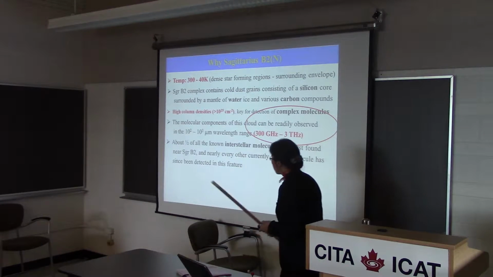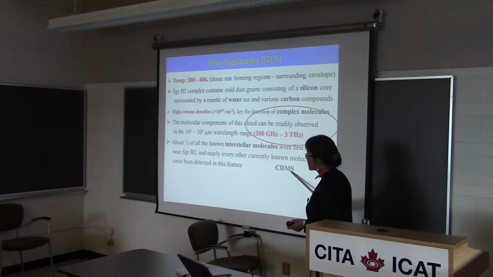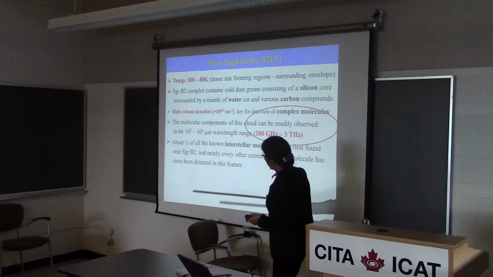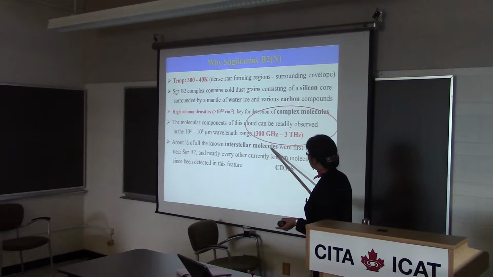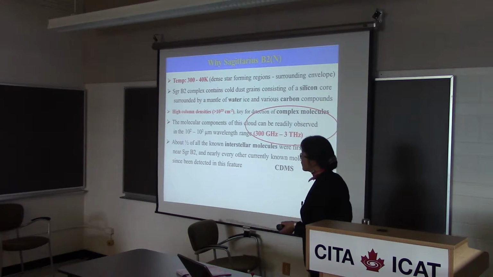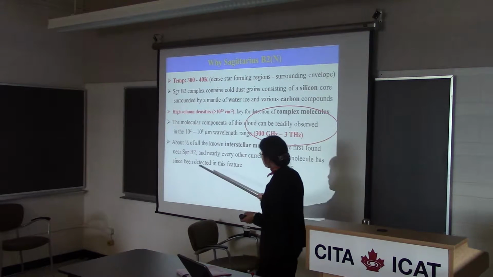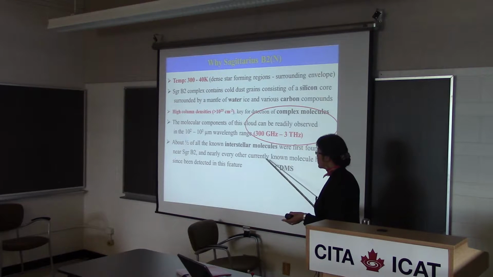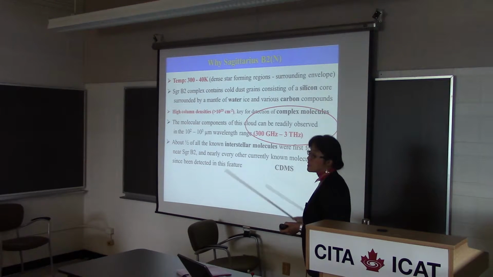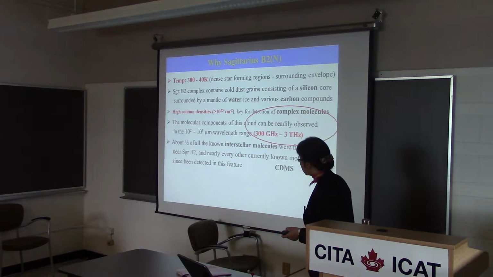According to the Cologne Database for Molecules in Space, in fact, about half of all the known interstellar molecules so far were first found near the SHB2. And since then, nearly every other currently known molecule has been detected in this feature.